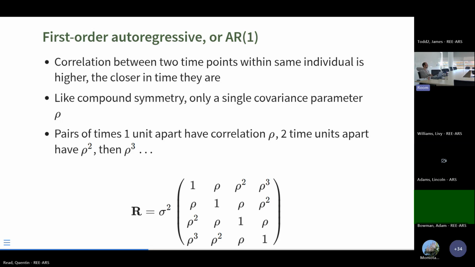It varies up and down kind of randomly based on the environment. There might be some time dependence, but it's going to be more random. So maybe compound symmetry is going to be better, because the correlation between one year apart, two years apart, and three years apart is not going to go down that much, as it would for something like weight gain over time.